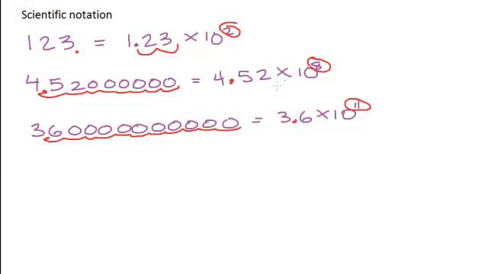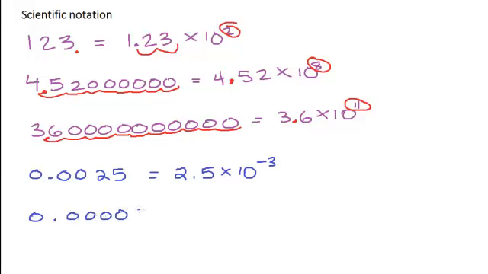Alright, let's look at a couple of more numbers in scientific notation and see some patterns here. If I have the number 0.0025 in scientific notation, that is 2.5 times 10 to the minus 3. If I have 0.0000, let me just draw it.